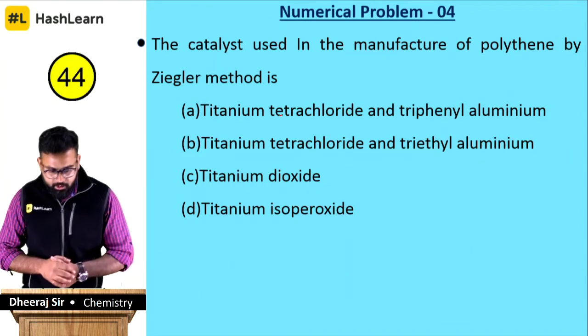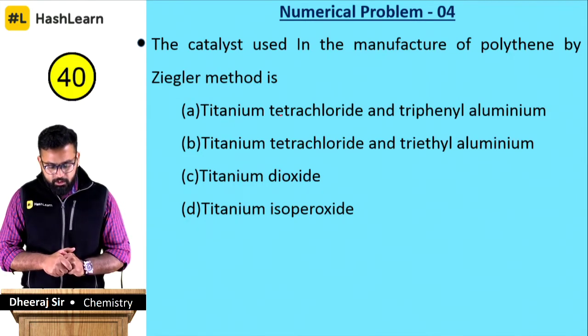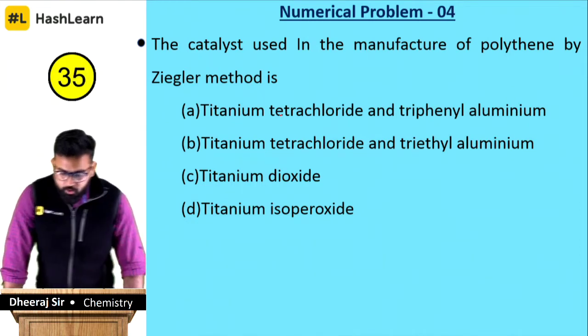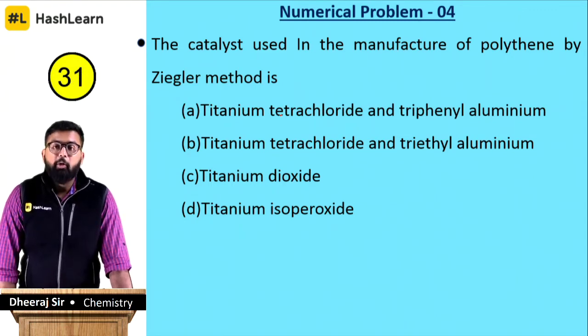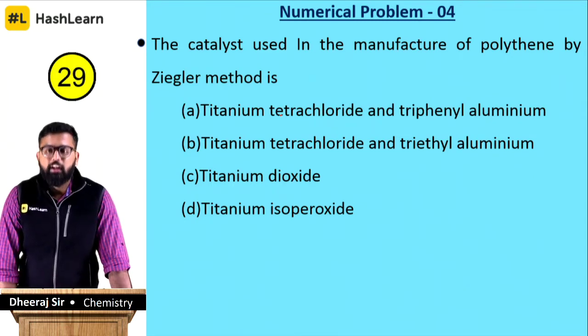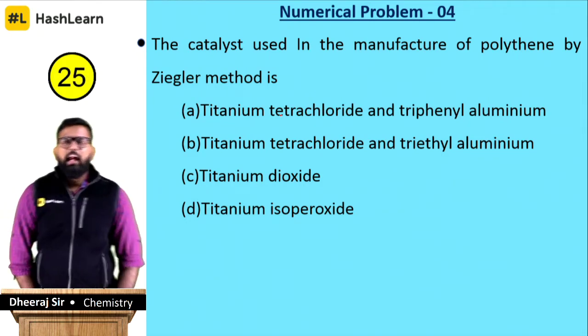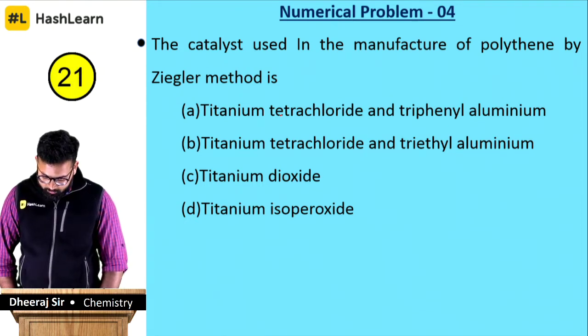Moving ahead, the catalyst used in the manufacture of polythene by Ziegler method. The catalyst. So, you know what polythene is? Polythene is ethene made into a polymer. Polyethylene, we'll shortly call it polythene. So, Ziegler method. Ziegler-Natta catalyst is the name of the catalyst. What is Ziegler-Natta catalyst?